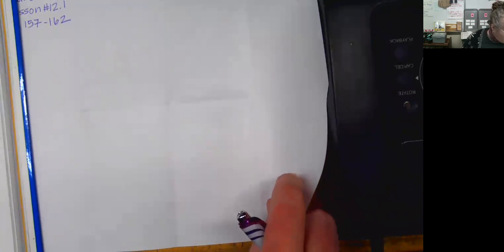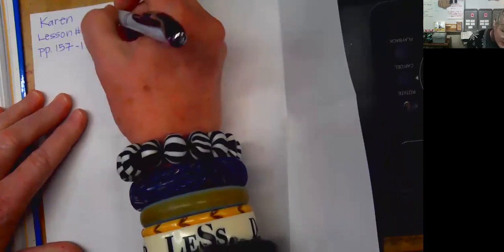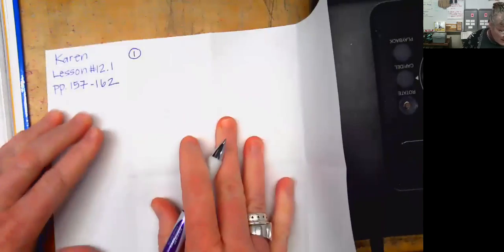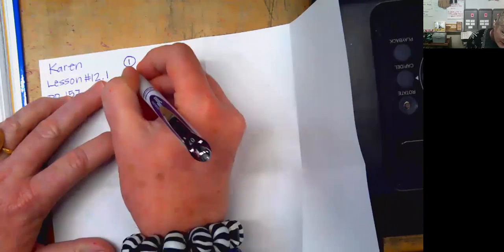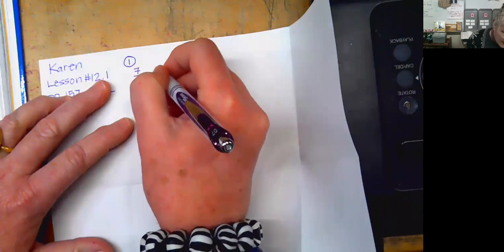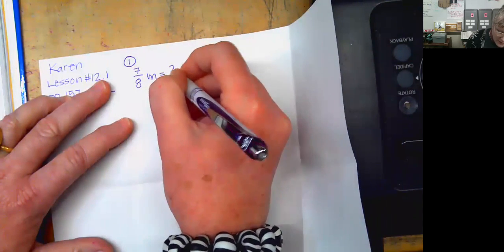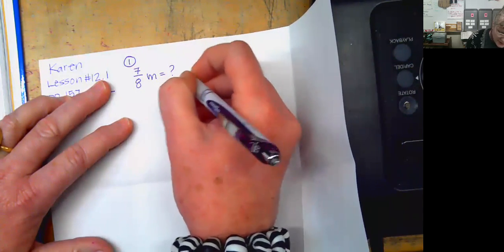All right, so we're going to do problems 1 and 2, and we're going to use the blue box to write down the information. So let's look at number 1. Number 1 says 7/8 of a meter equals question mark centimeters.